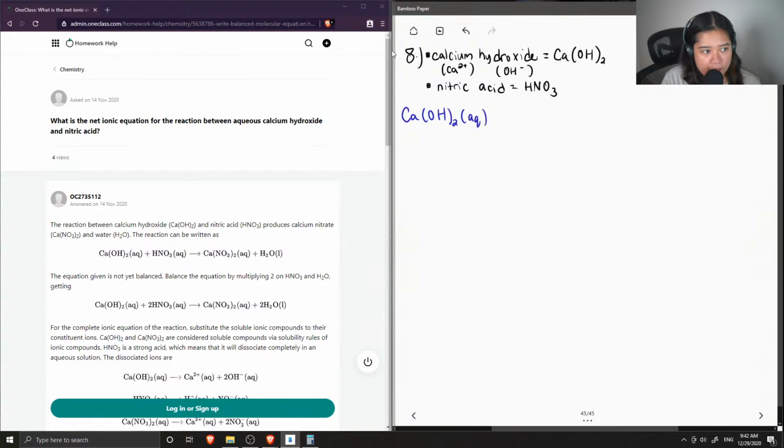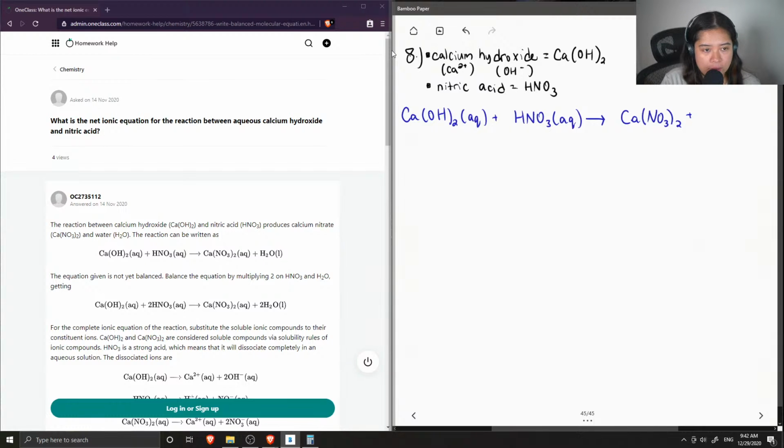So we have aqueous calcium hydroxide plus aqueous nitric acid. And then I'm going to show a double displacement reaction that occurs. So the calcium is now bonded with the nitrate ion.